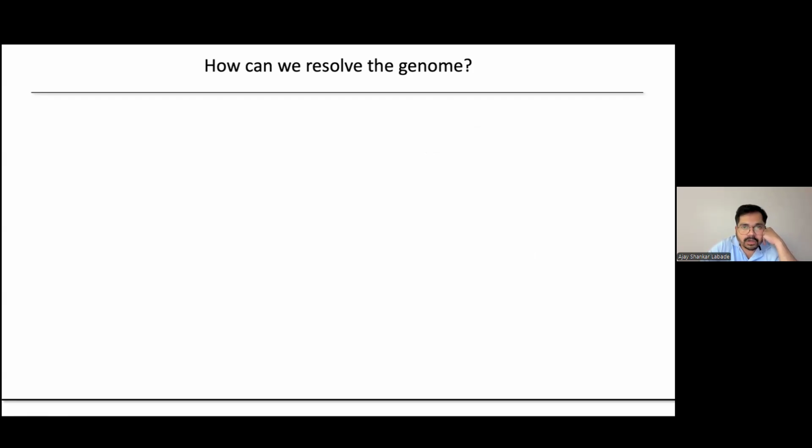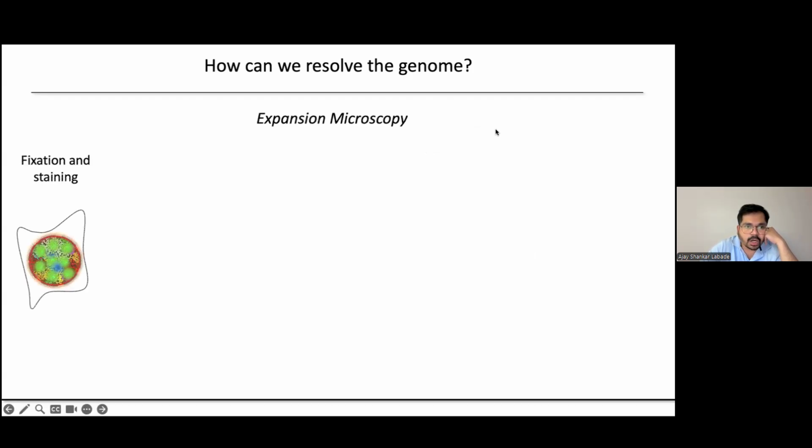So our challenge was to resolve the genome, to expand the genome. So we started working on genome expansion, and we followed a very simple protocol that is always followed in expansion microscopy, but we characterized it in many ways to show that the genome can be isotropically expanded without changing the spatial organization. So we fix cells and stain them with different chromatin antibodies.